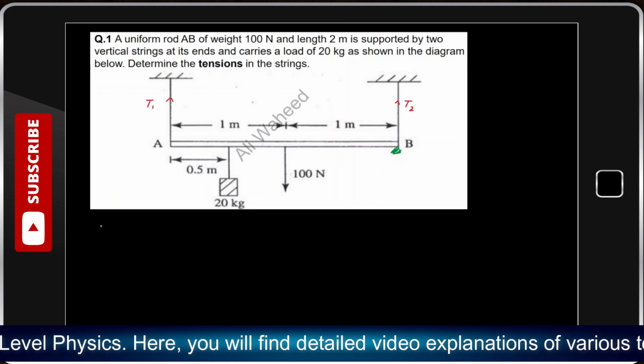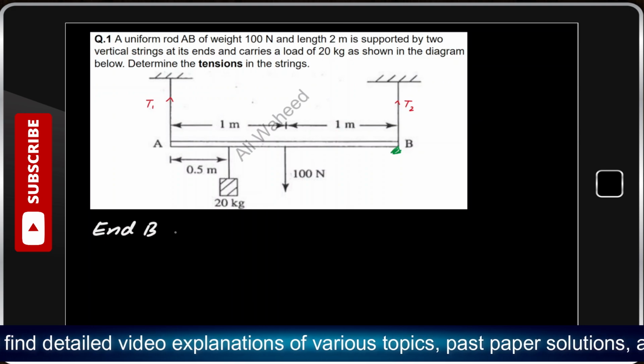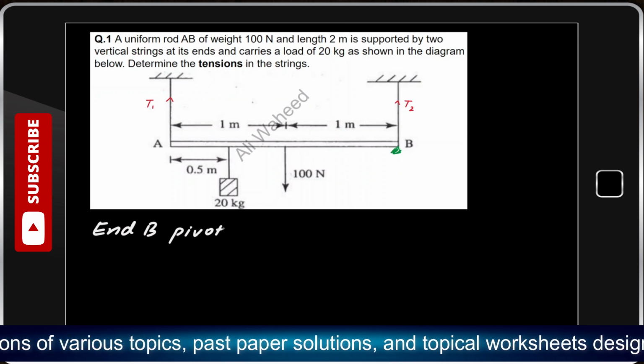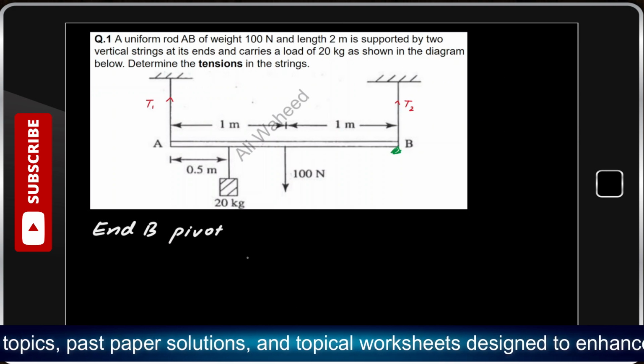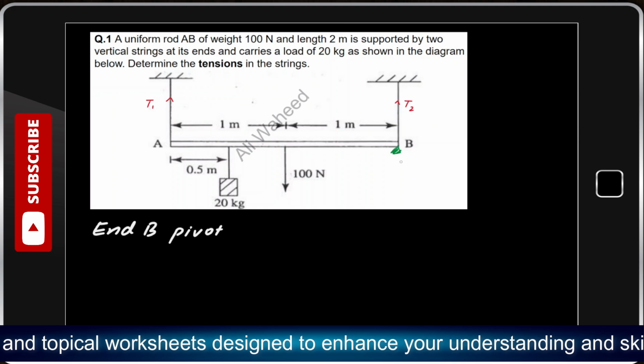So end B is being considered as a pivot. If we consider end B as a pivot, this force T2 would not produce any moment.